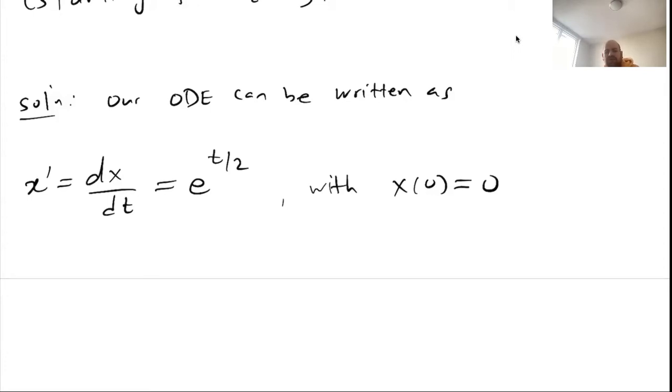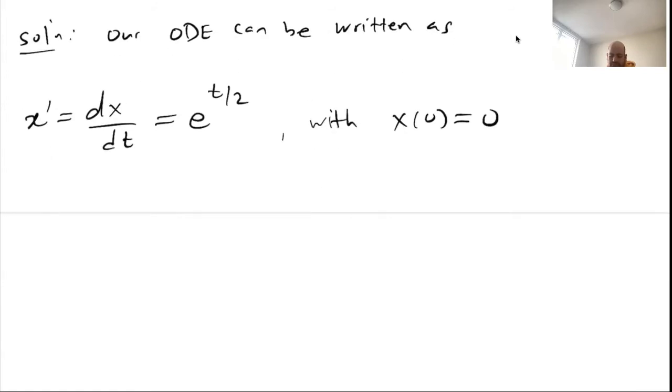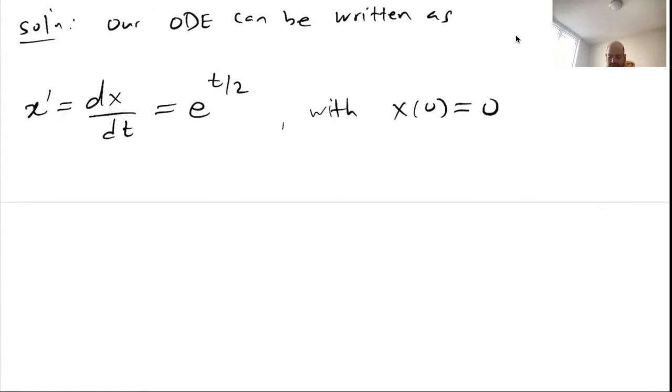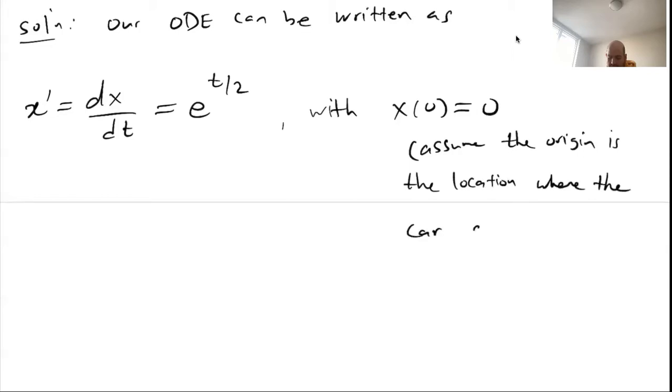It doesn't matter what we set as x of 0, because ultimately we want x of 2 minus x of 0. But of course, the easiest choice is to set x of 0 to be 0. Assume the origin is the location where the car starts moving.